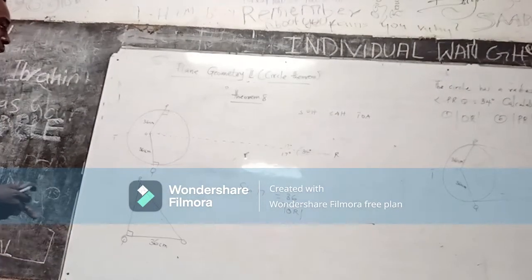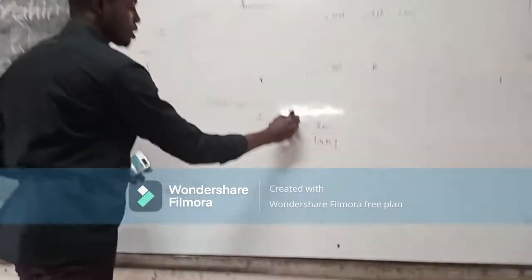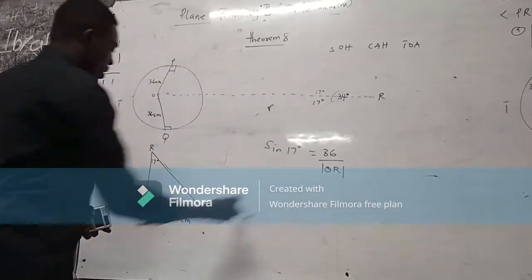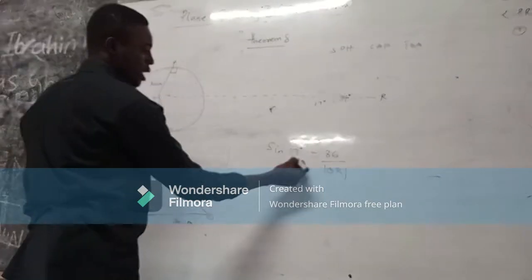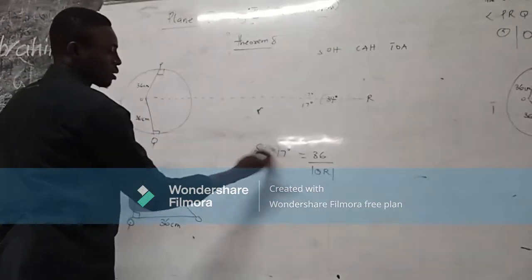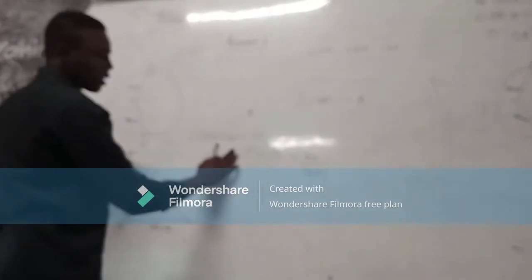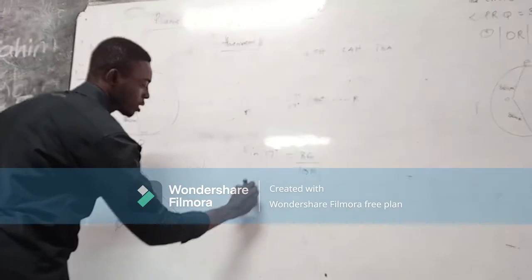So if we want to find, so we have sine 17 degrees is equal to this. So this is the opposite over the hypotenuse. So how do you find this? That is, you have to send this one plus multiplication. This one is divided by 1. So this one, you send it here. This one is going to be, let me take time and do this.